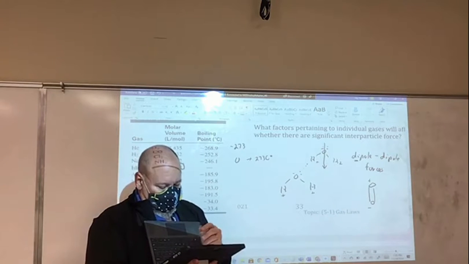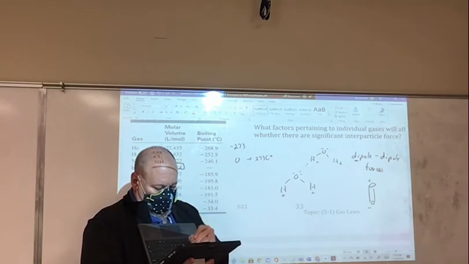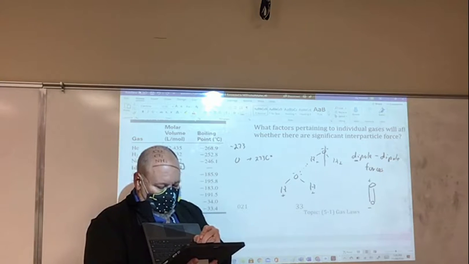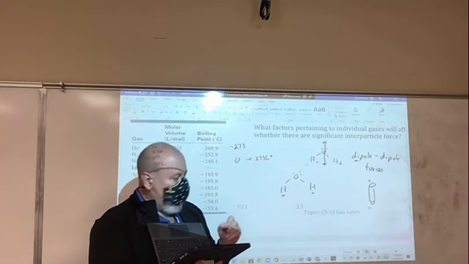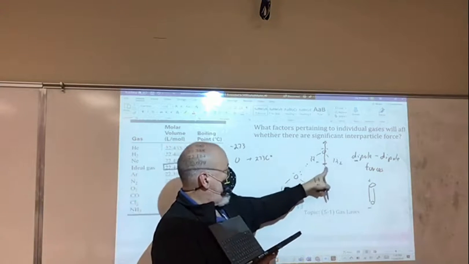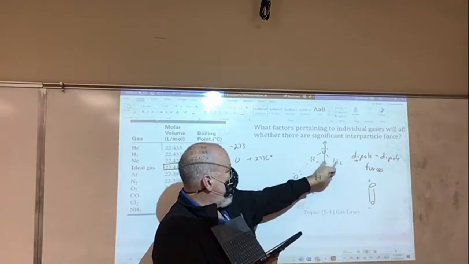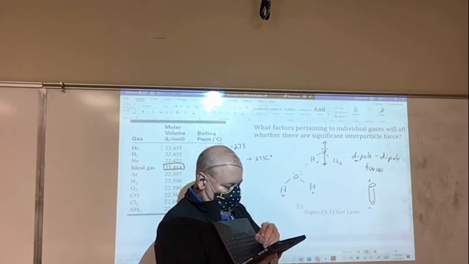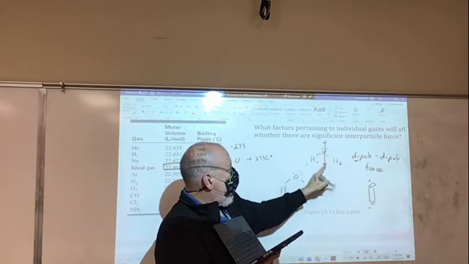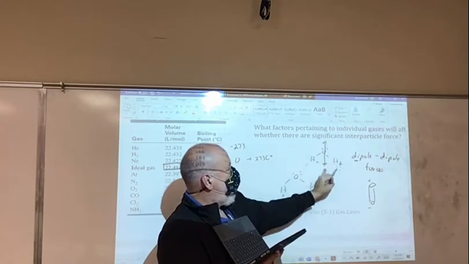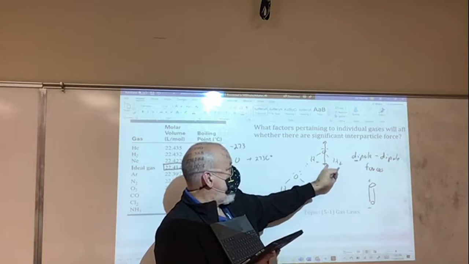Oops, I drew that backwards. If I were to diagram the direction of the positive and negative charges here, they would be equally separated. The positive forces are at this end, and the negative forces are right there. So this arrow indicates the direction of the dipole. The little crosshatch here looks like a positive sign.